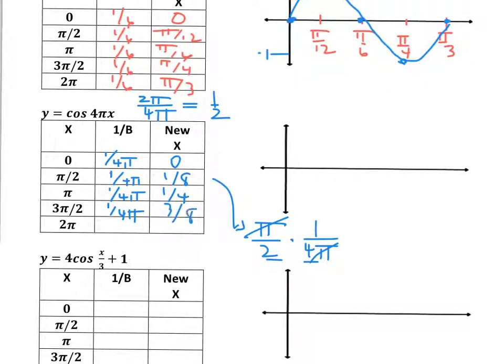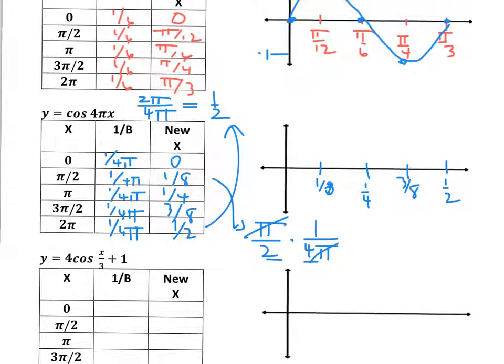And then the last one, 2 pi times 1 over 4 pi is your ending value of 1/2, which we already knew. Questions with that? All right, so when we go to label our axis, it's just 1/8, 1/4, 3/8, and then 1/2.